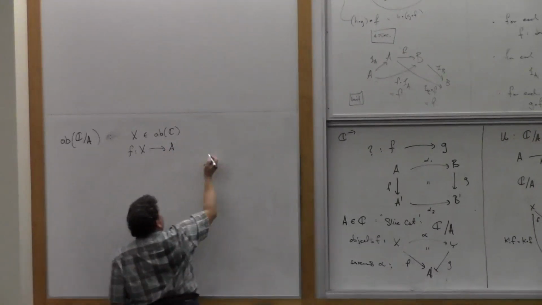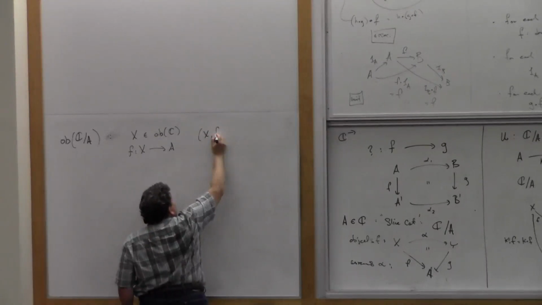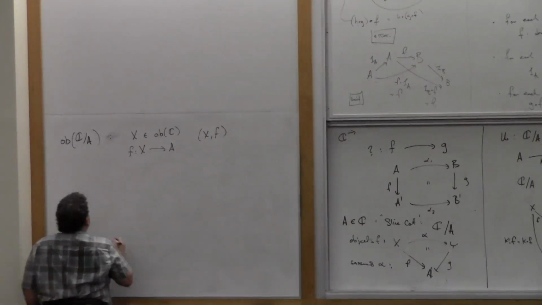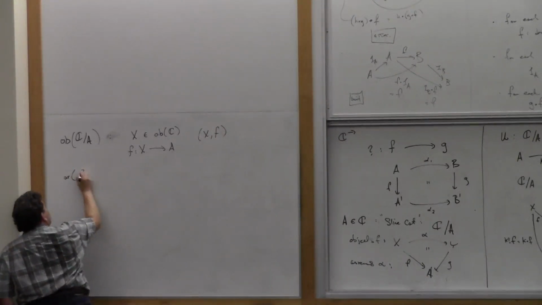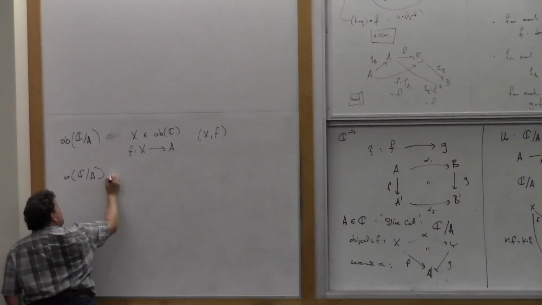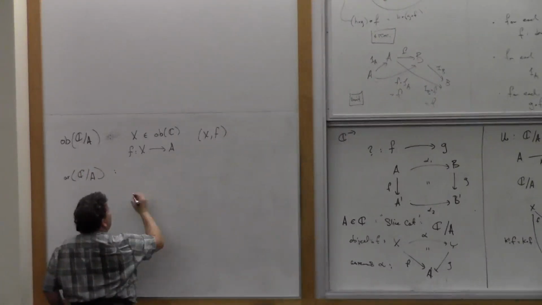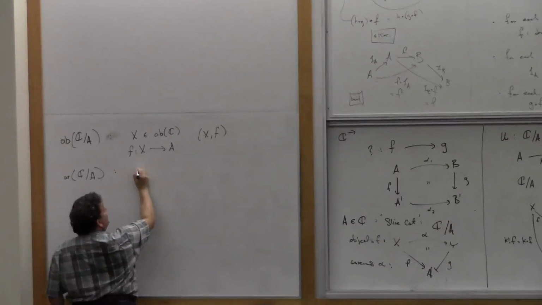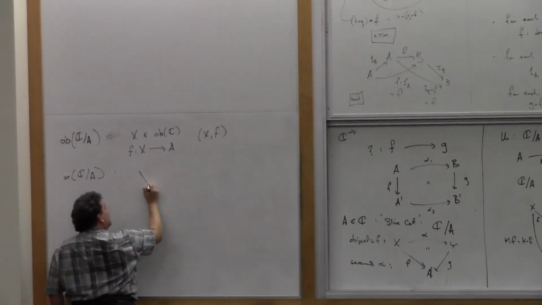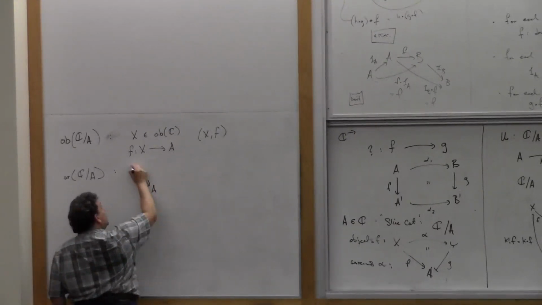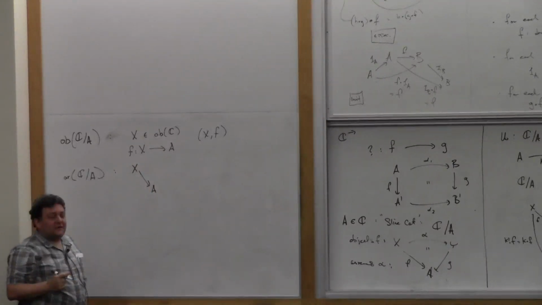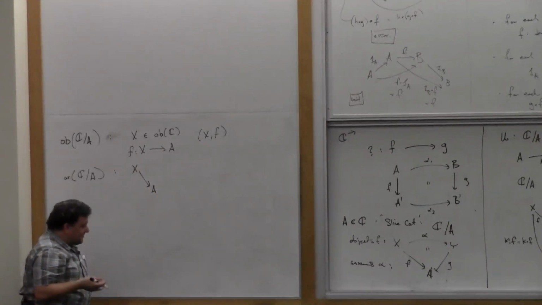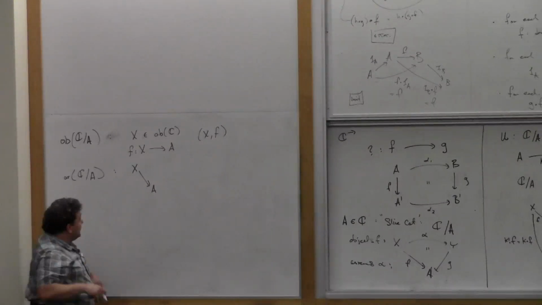So they're pairs like that, X, f. And an arrow in C over A is an arrow from such a pair. I'm not going to write them as pairs, though.